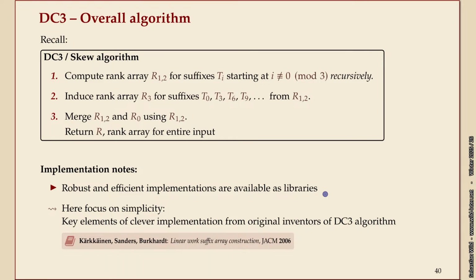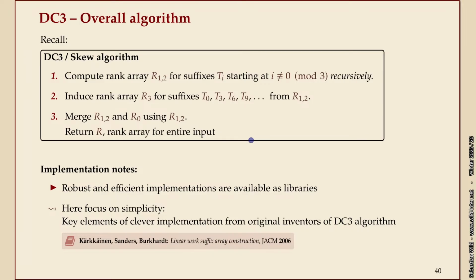I want to show a few details of the original paper for this algorithm, how they implemented it, just because it's a few cute tricks. These might no longer be the most efficient practical solutions, but I think there's still a certain gap from the description here to a clever implementation.